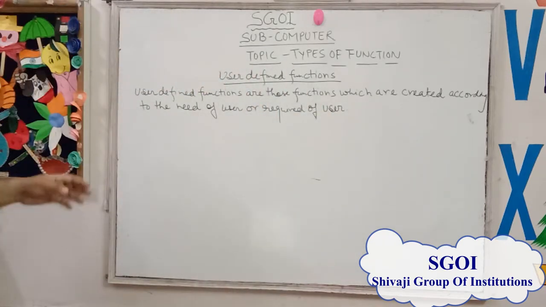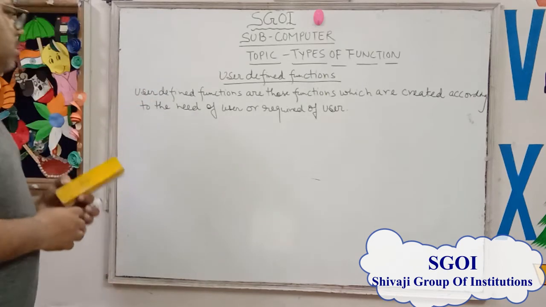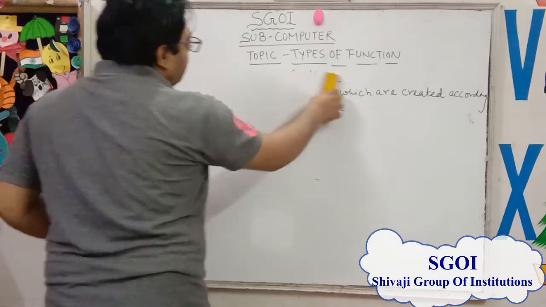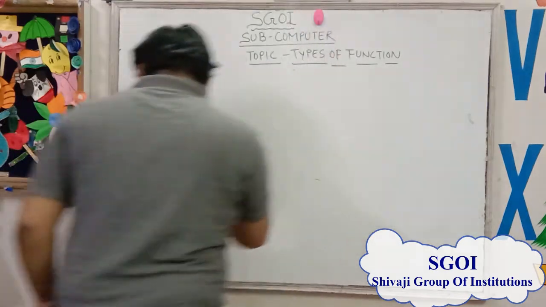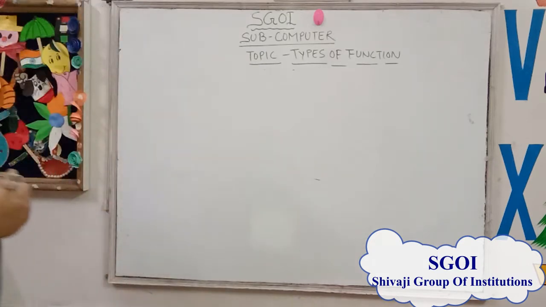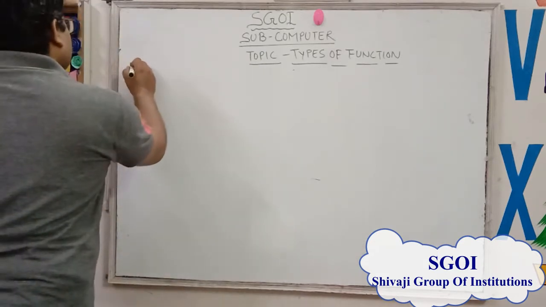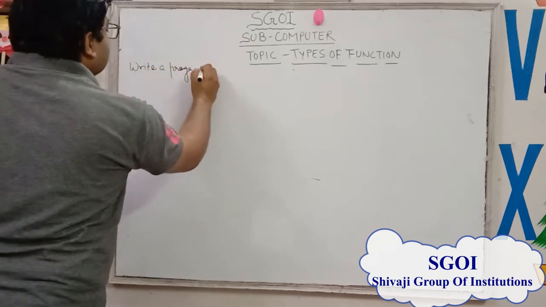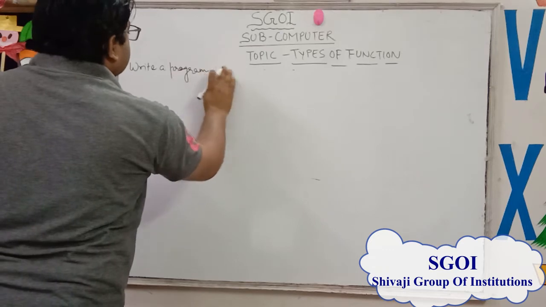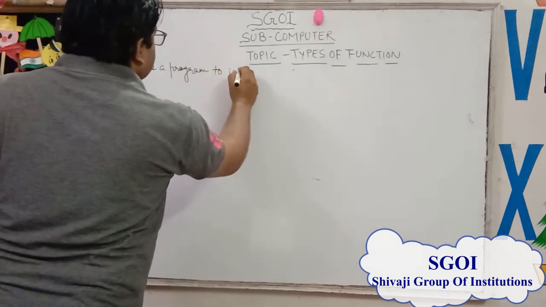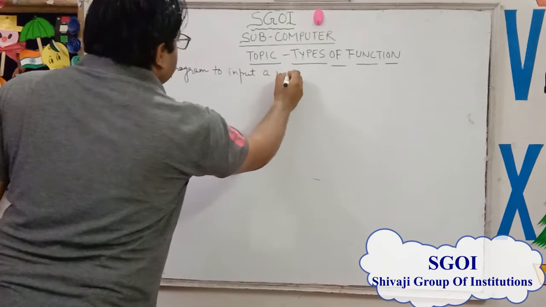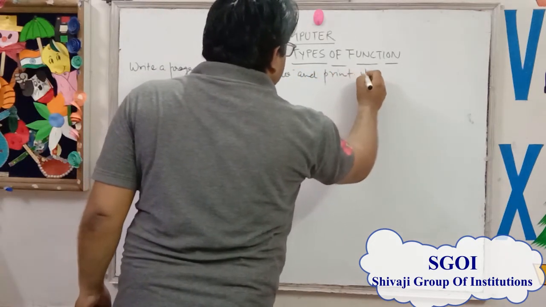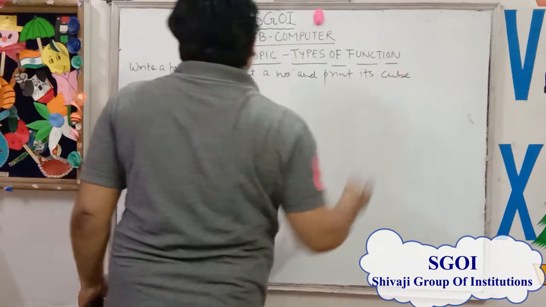Now we will understand the user defined function with the help of an example. Write a program to input a number and print its cube.